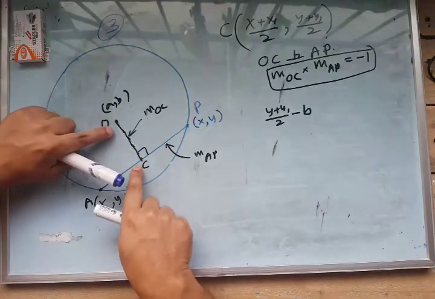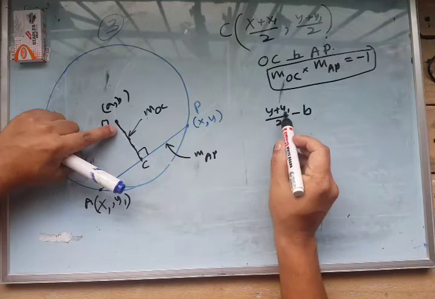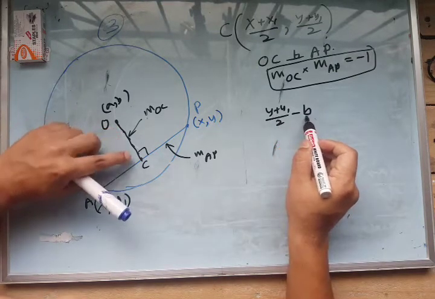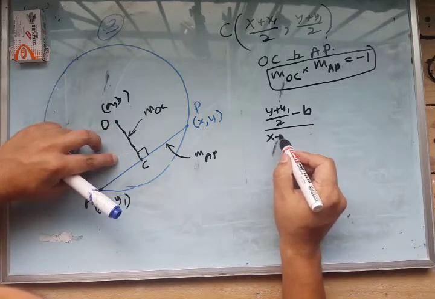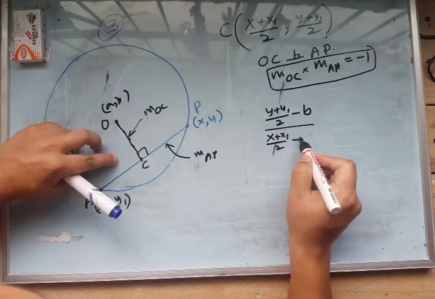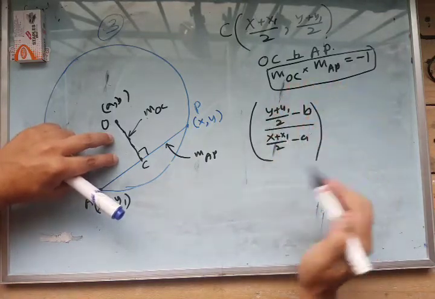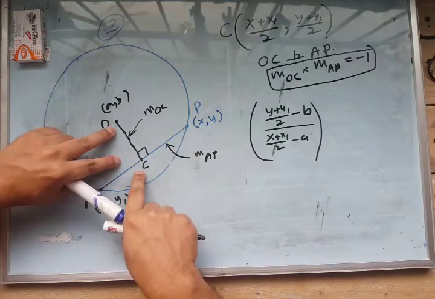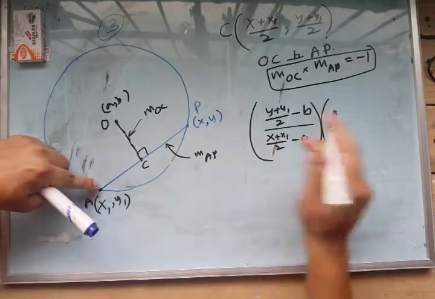So we're going to use these two coordinate points to find the gradient: the difference in y coordinates, y plus y1 divided by 2 minus b, and the difference in x coordinates, x plus x1 divided by 2 minus a. So you get M_OC, the gradient of the OC line segment. This should be multiplied by the gradient of AP.